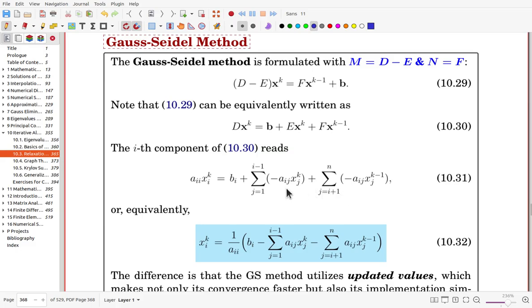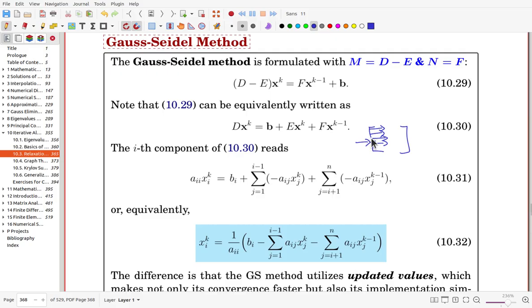Now the question is, is it okay? Now we are using the updated value. Assume we are computing the solution from top to bottom. The algebraic system starts with x1, x2, x3, x4, and so on. Once we reach some i, then for the rows from 1 to i minus 1, the x values are updated.